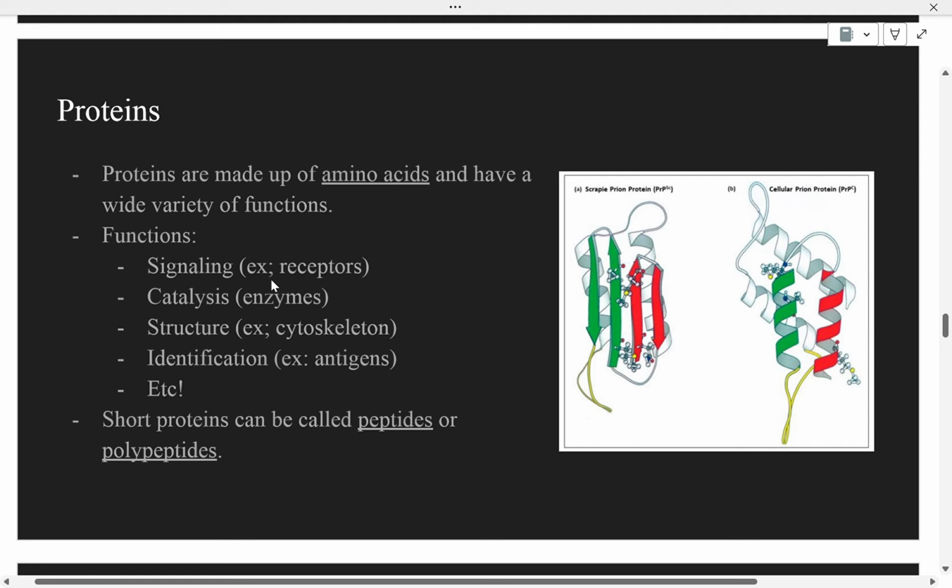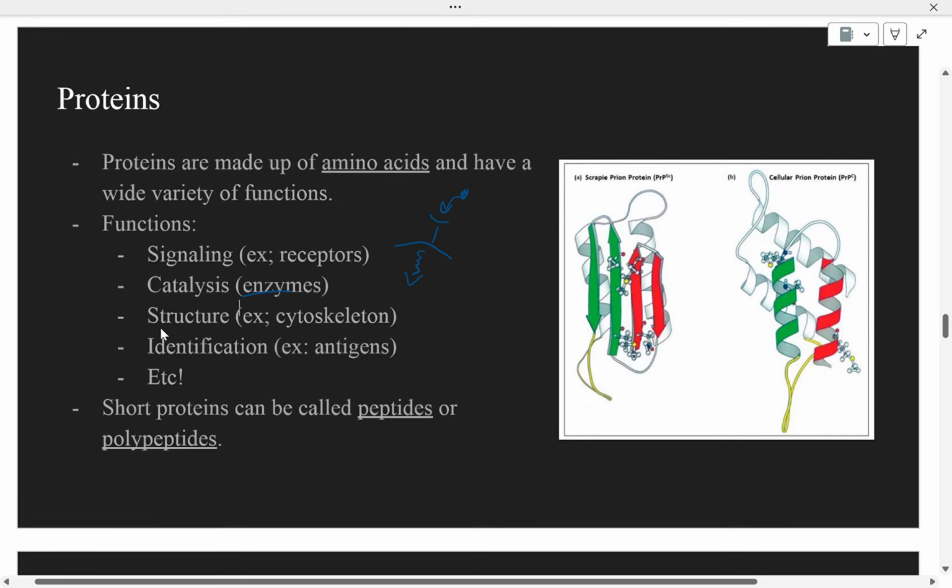For example, we have receptors at the surface of a cell that will receive a signal and then send some signal down into the cell. We have catalysis. This just means any chemical reaction that's being sped up by a protein. And we call the proteins that speed up reactions enzymes. You've probably heard that term.